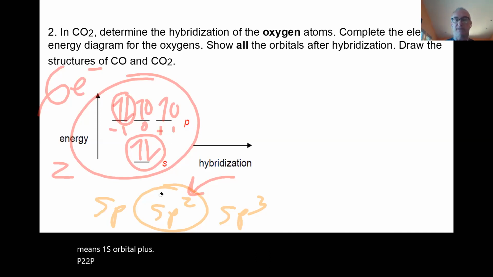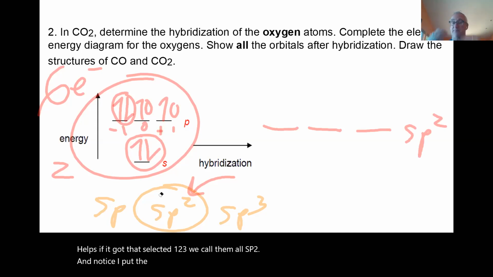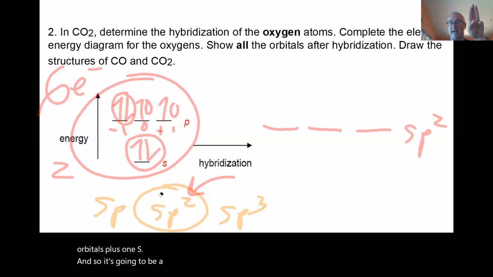So we draw them like this. 1, 2, 3. And we call them all sp2. Notice I put the energies of them closer to p this time, because it's the energy of 2 p orbitals plus 1 s, so it's a lot higher than s this time, but still lower than p.